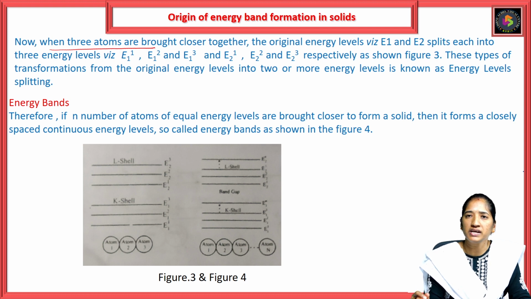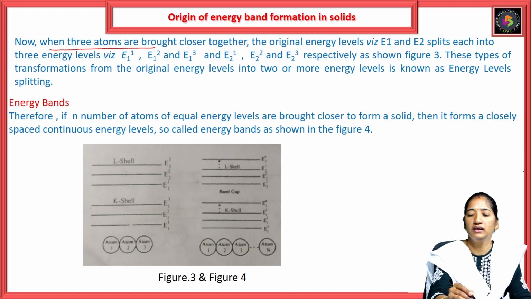Each atom consists of two shells, so with three atoms the energy levels are divided into three.